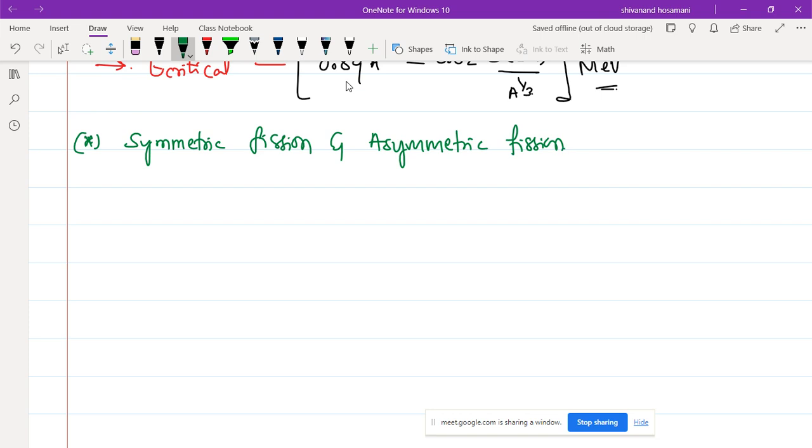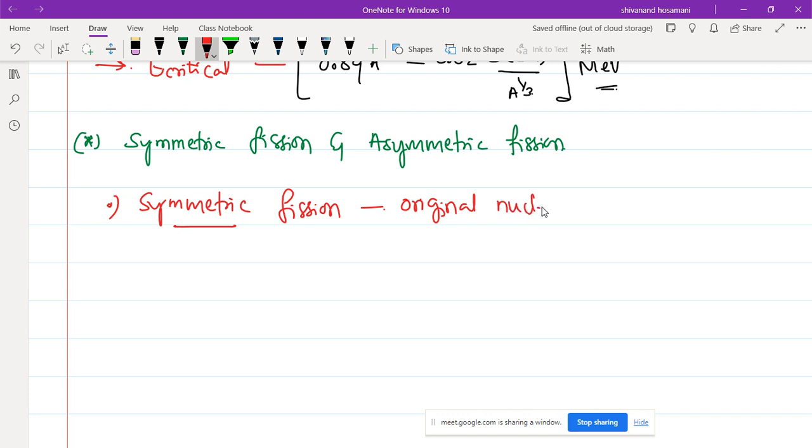For example, in case of symmetric fission, the original nucleus breaks into two exactly equal parts. So that is defined as symmetric fission ಅಂತ ಕರಿತೀವಿ.